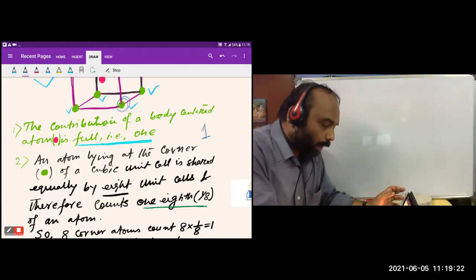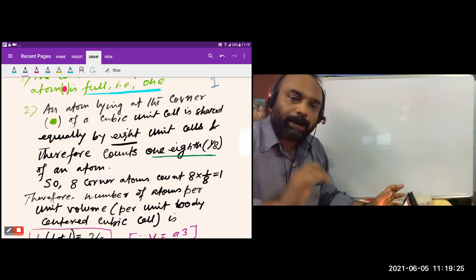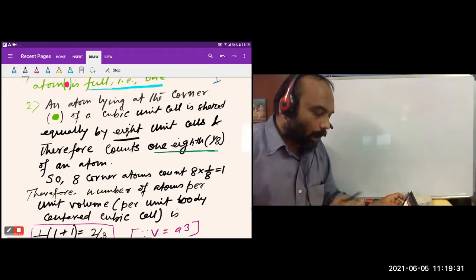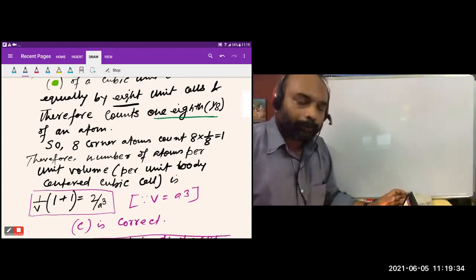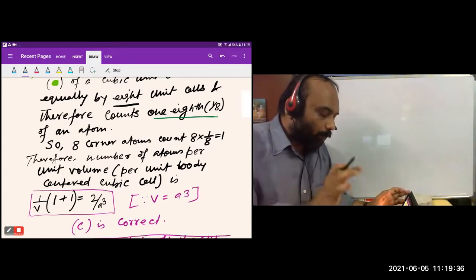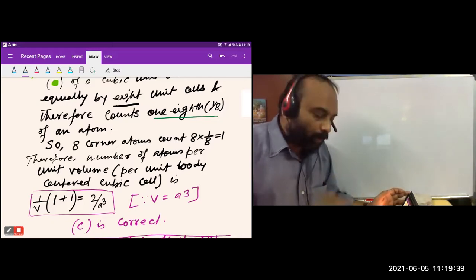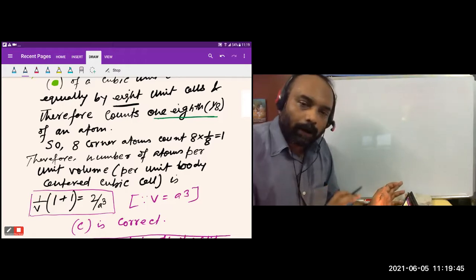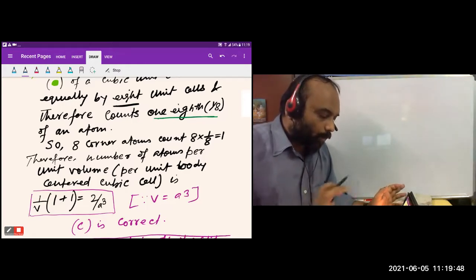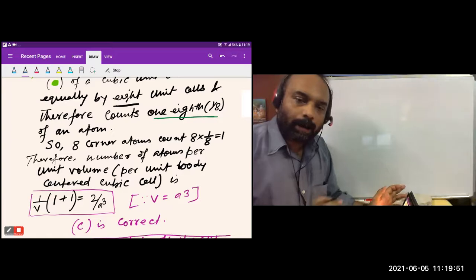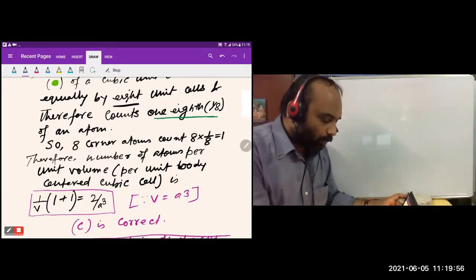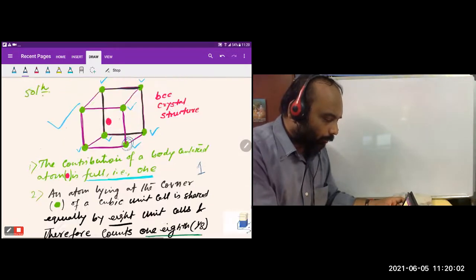So 8 corner atoms count 8 times 1/8, that is equal to 1. Therefore, the number of atoms per unit volume, given per unit body centered cubic cell, which is A cube, is 1 plus 1 divided by volume V, that is equal to 2/A cube, because our volume is A cube. Therefore, option C is correct.